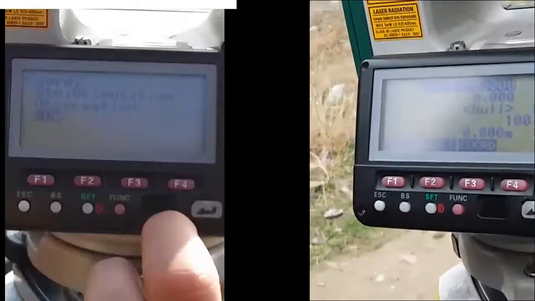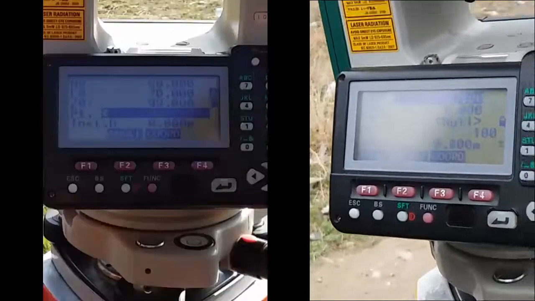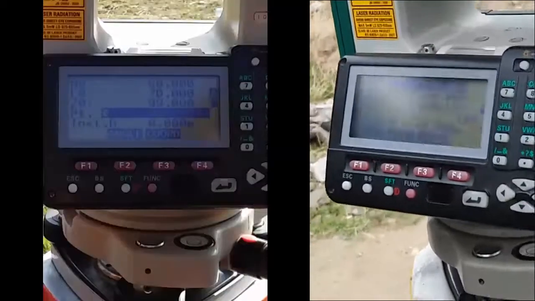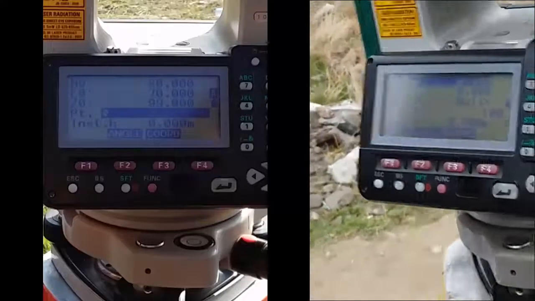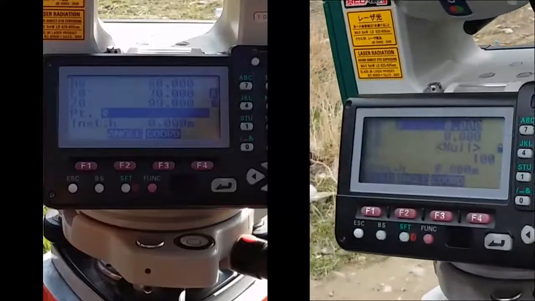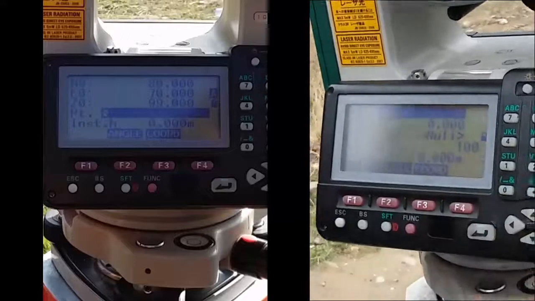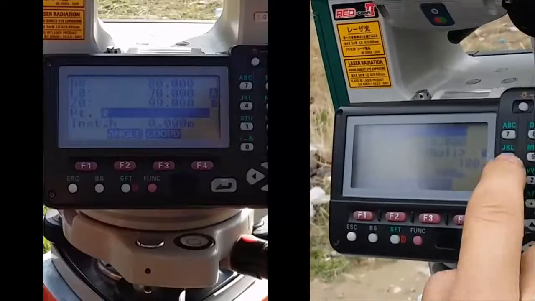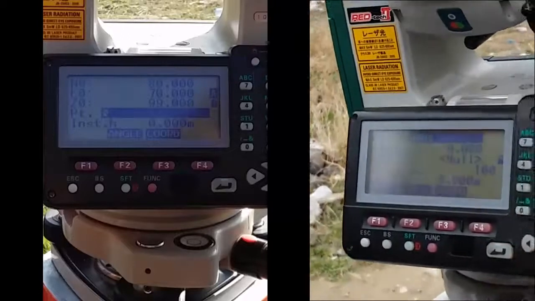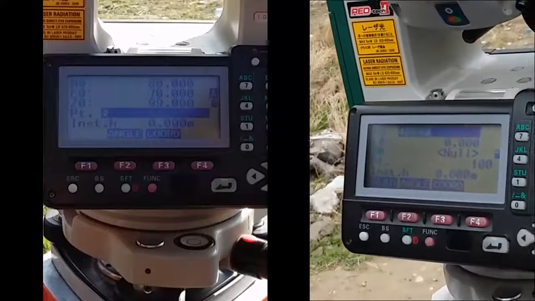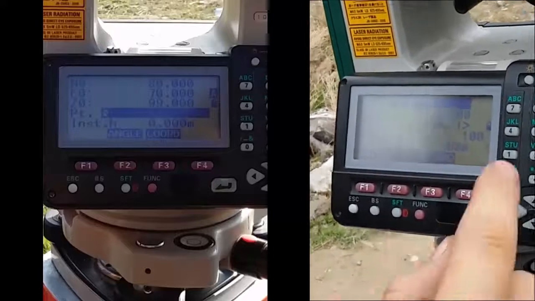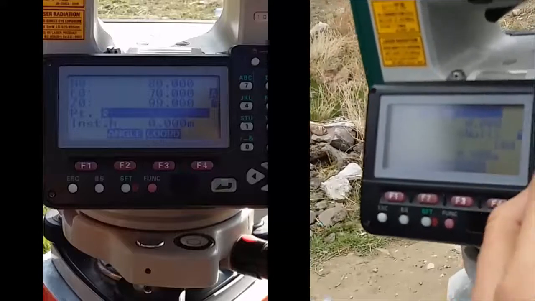So let's enter station orientation and enter the data. Northing is 406. Remember, easting is always 1/10 smaller than northing.